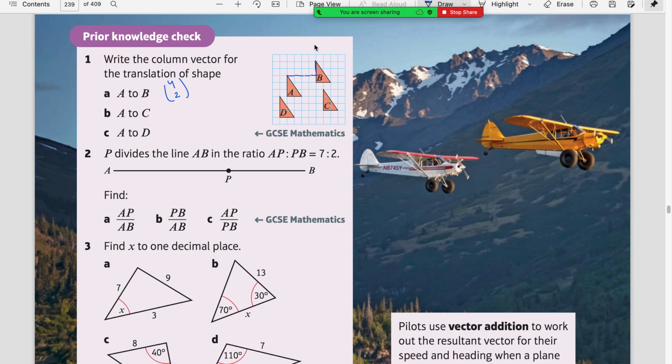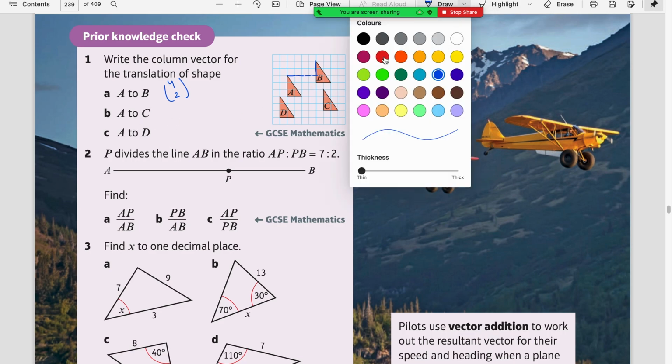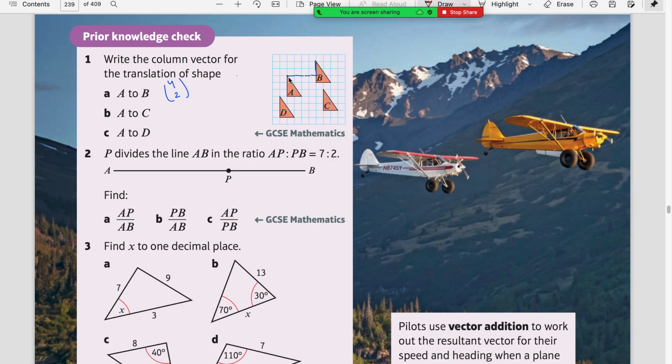A to C. If I look at A to C, this is again 1, 2, 3, 4, 5 boxes to right and 1, 2 boxes below. So it is 5 minus 2. Upwards is positive, right is positive, downwards is negative, and left is negative.